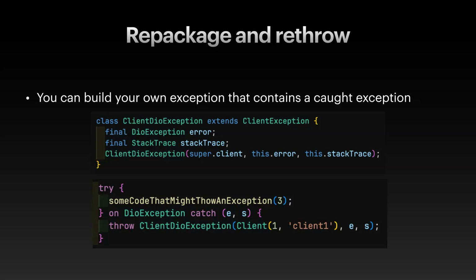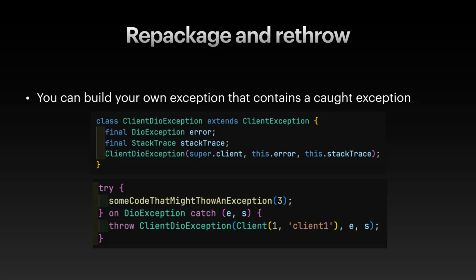For example, what that would mean is you can build your own exception that in turn contains a caught exception, the exception in the stack trace from the original message. For example, I may want to take all the DO exceptions that could happen from using the DO library and repackage that as a client exception, being one of my classes.